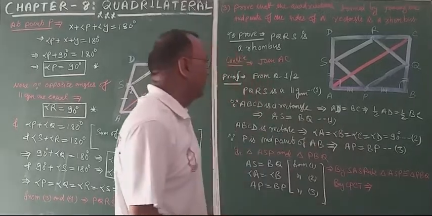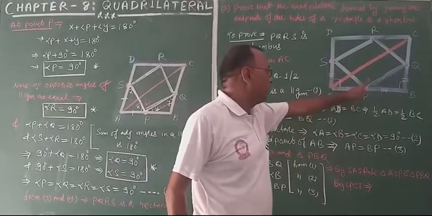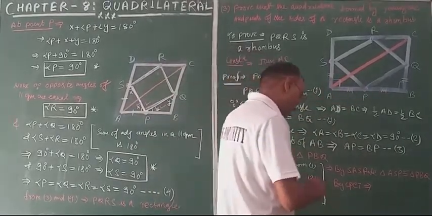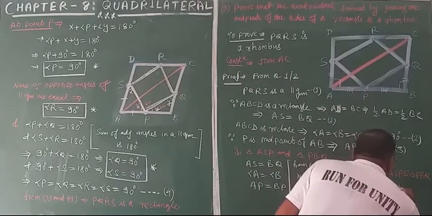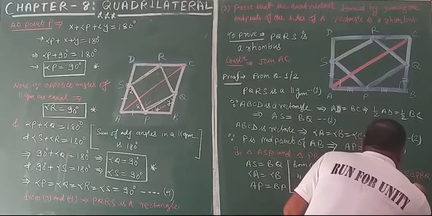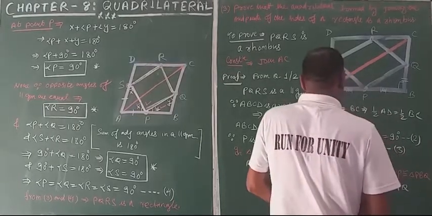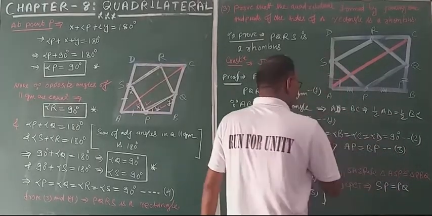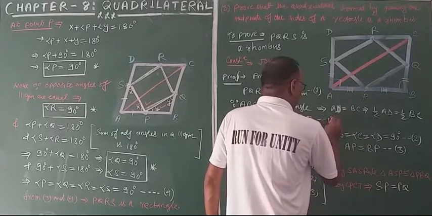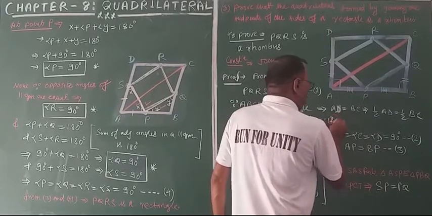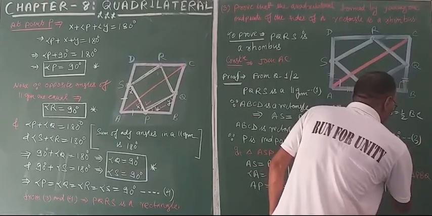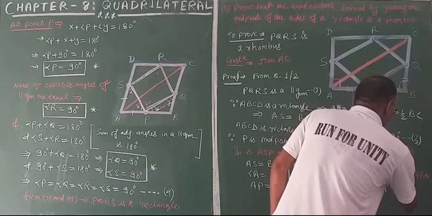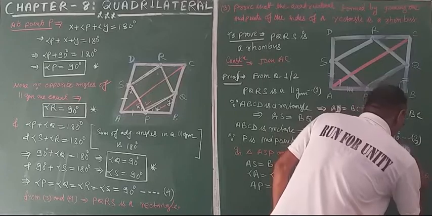What will happen? This side SP is equal to PQ. Suppose this is equation number 1, this is 2, this is 3, and this is 4.